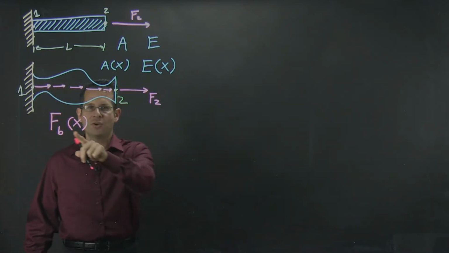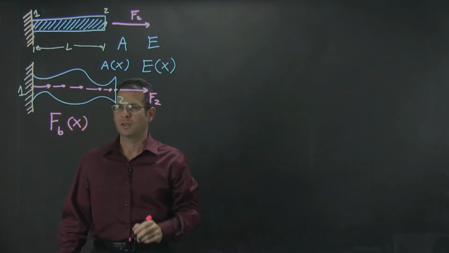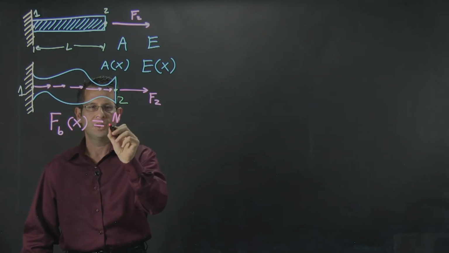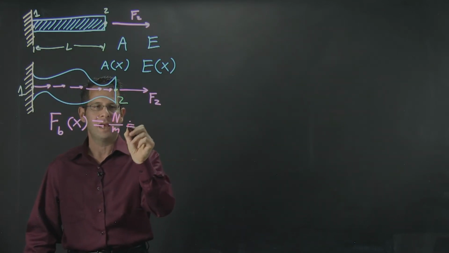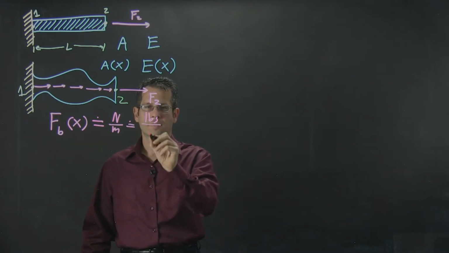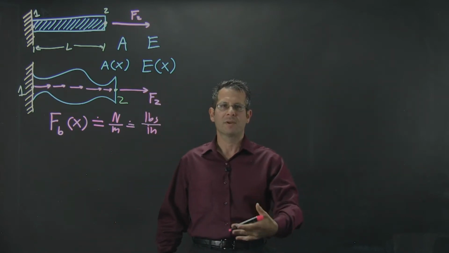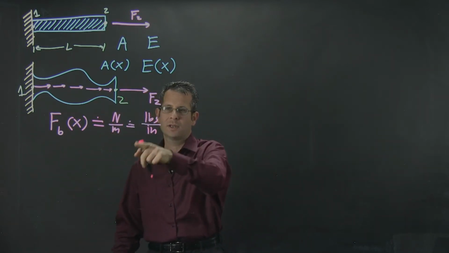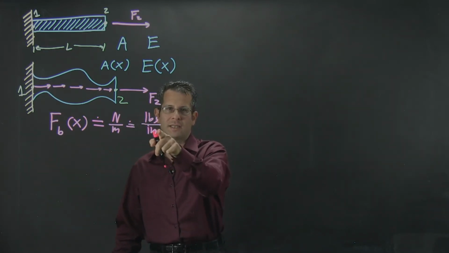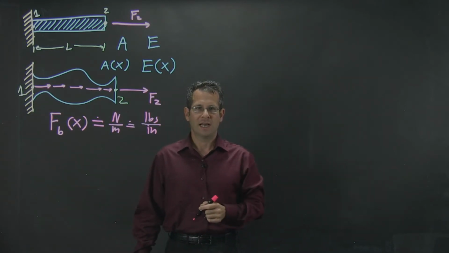I shouldn't say that this is a force, because this is like a linear pressure. So this function is going to have units of either newtons per meter or pounds per inch. It works just like a pressure does, where you have to multiply the traction by some area, but in this case, it's some distance. Okay? So this is a more general class of problems.